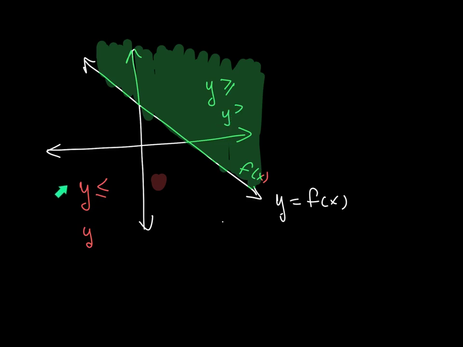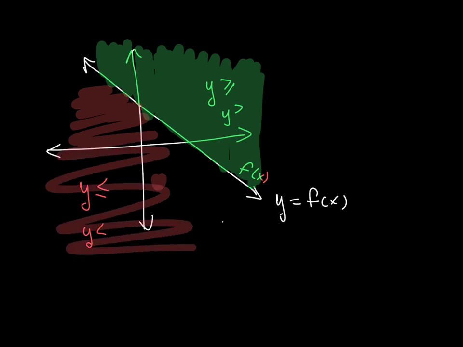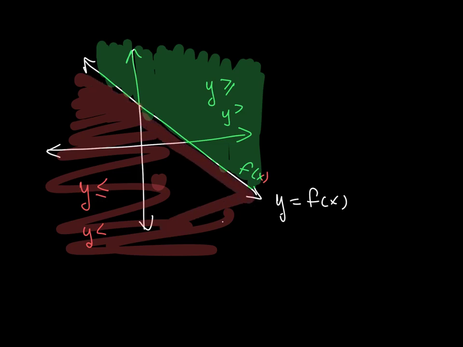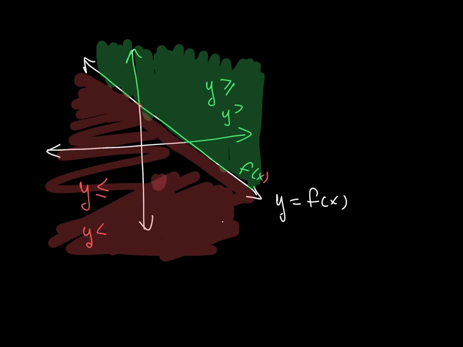If I ever have an equation that is y is less than or equal to, or y is strictly less than, that's when you shade going down. So every line will have two different ways you can shade it. One way that is larger, and then one way that is smaller.